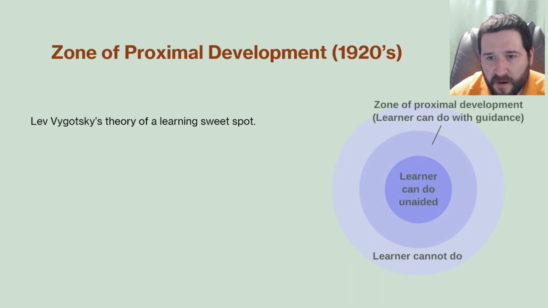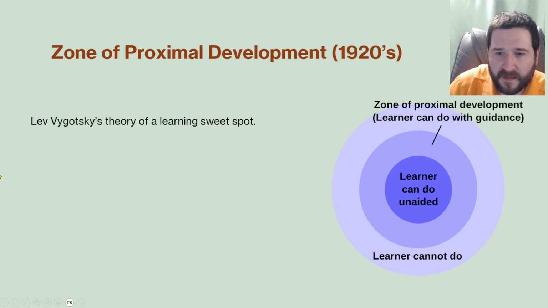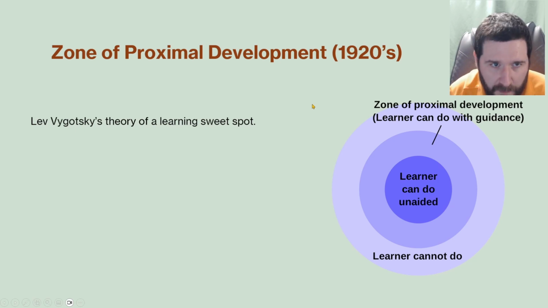As a new learner, there are things you can do on your own, problems you can solve on your own. There are problems that you cannot solve. And there are problems that you can solve if you just have some help, right? If we have some guidance. And we call this, or Vygotsky calls this, the zone of proximal development.